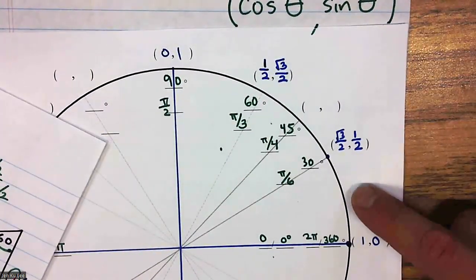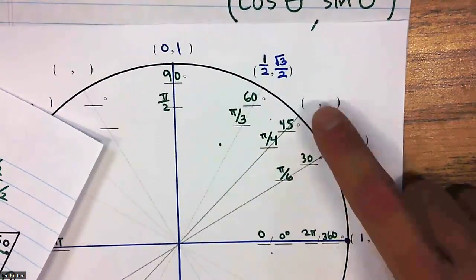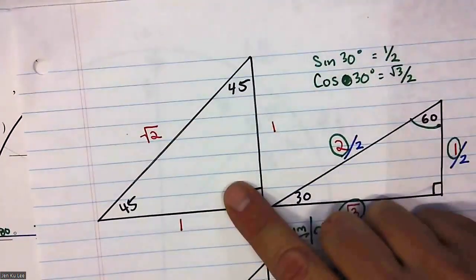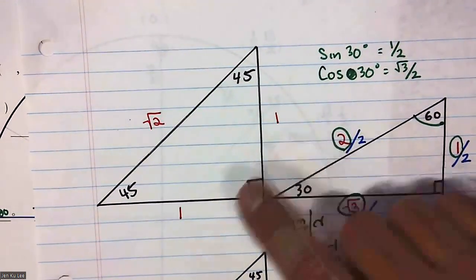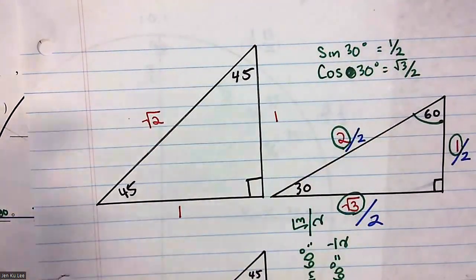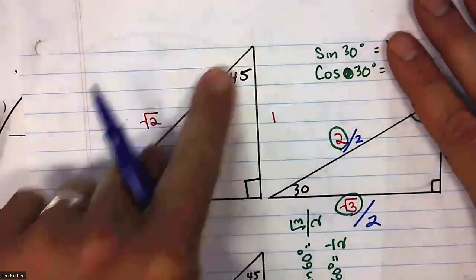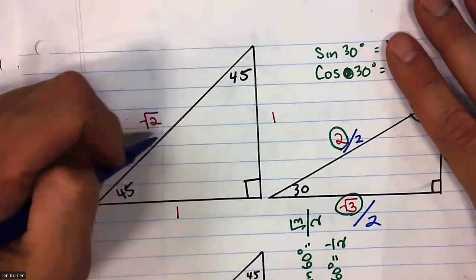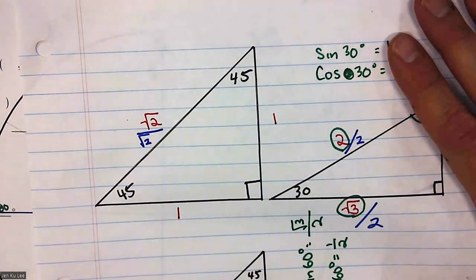Doing the same activity for the 45. So here's my 45-45-90 triangle with the ratios of the sides 1, 1, square root of 2. In order for this side, my radius, to be 1, I'm going to have to divide this by square root of 2, correct?